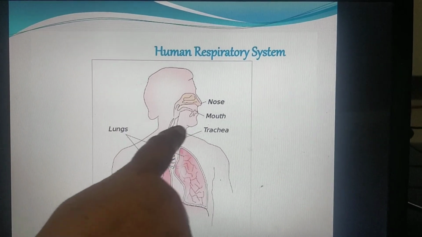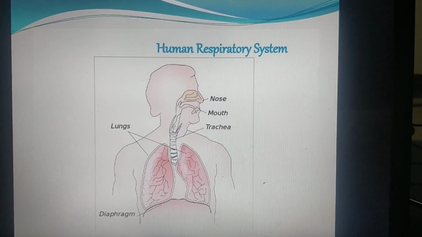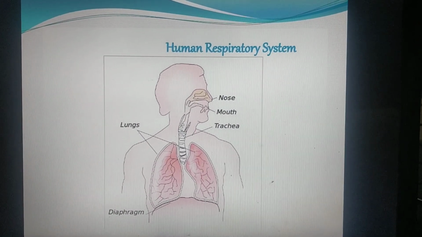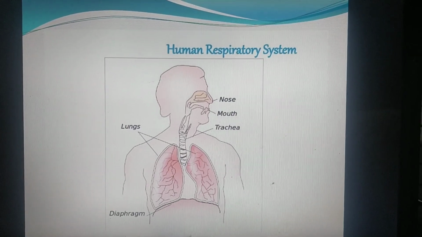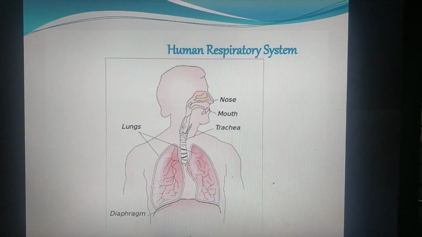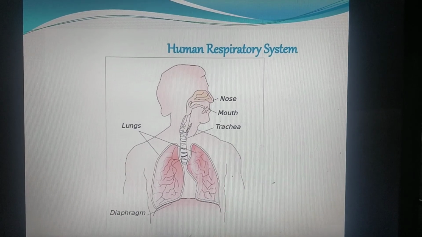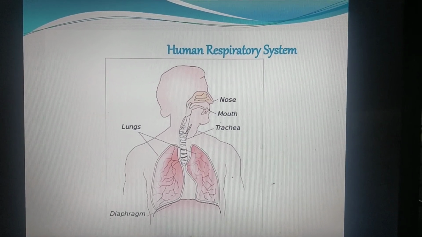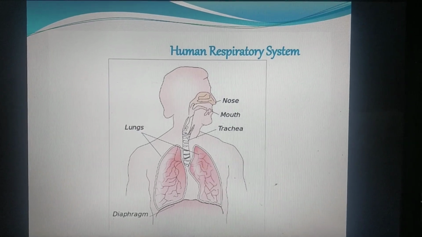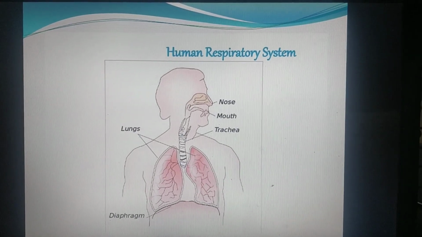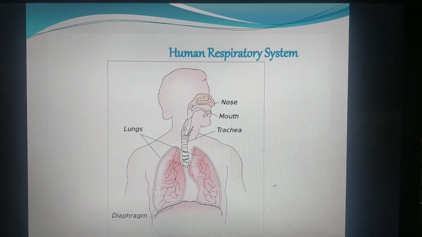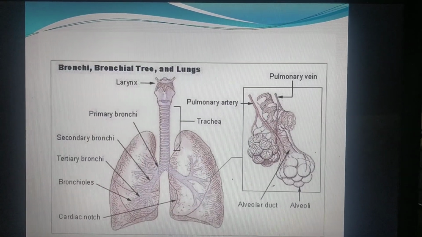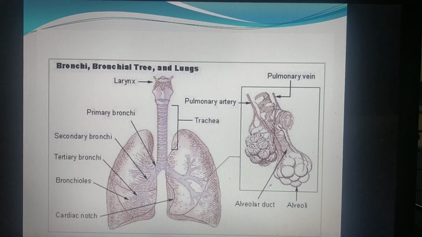The trachea is lined by cartilaginous rings, which you can see here, present in the throat portion so that the air passage never collapses even when there is no air. Within the lungs, it divides into smaller and smaller tubes which finally terminate into alveoli.